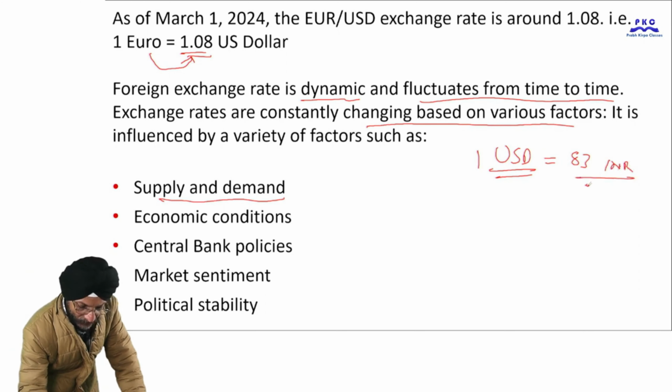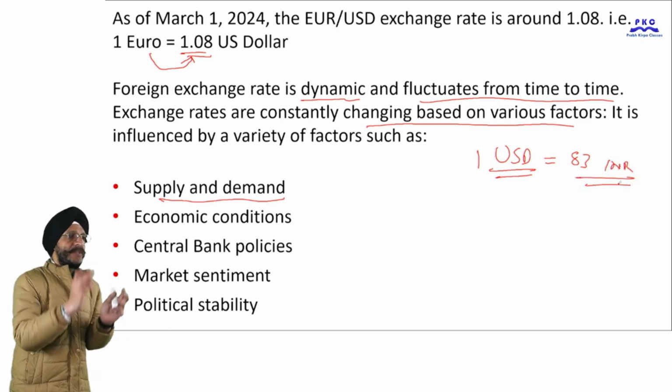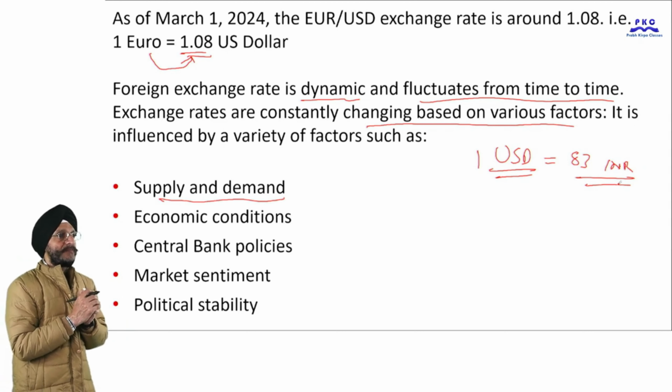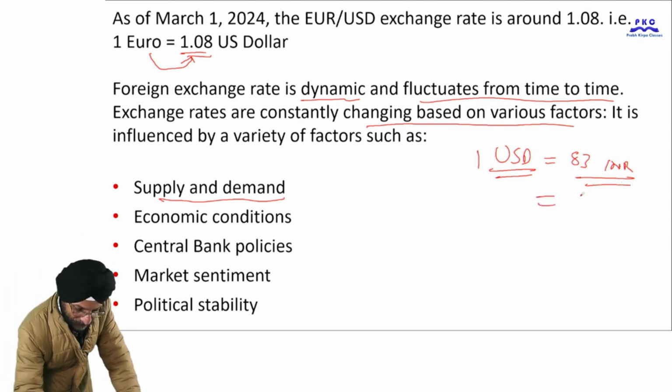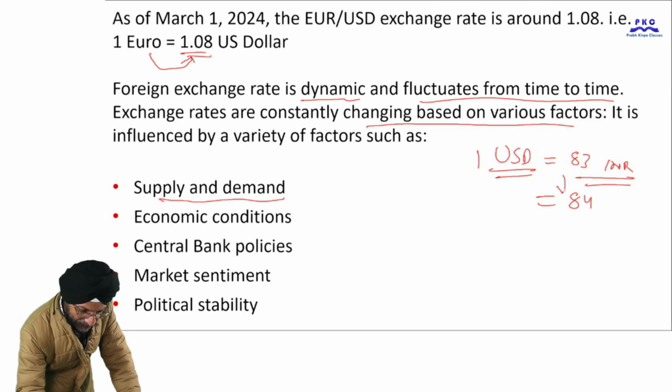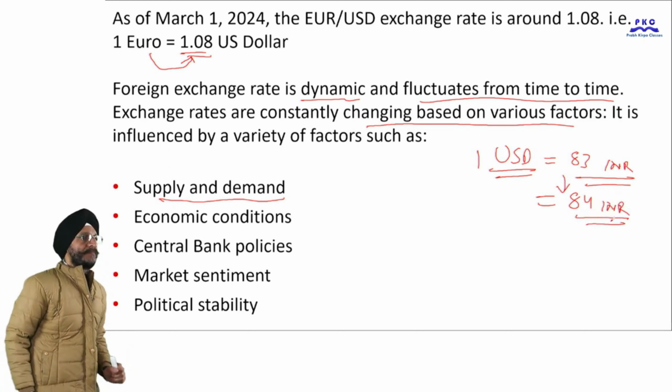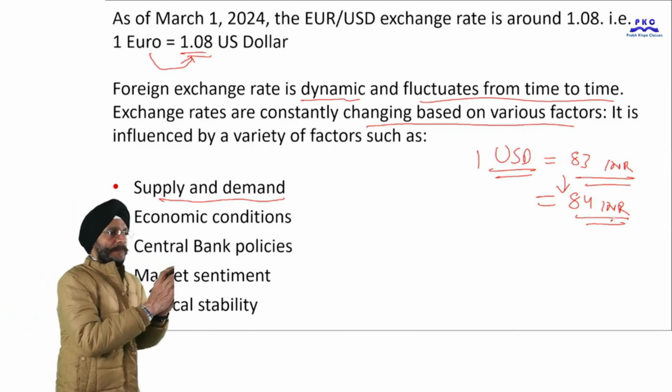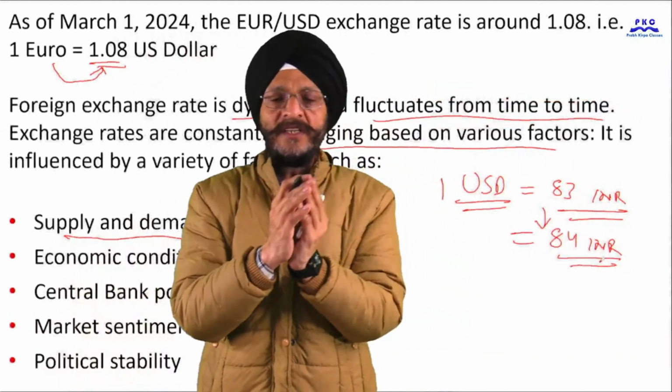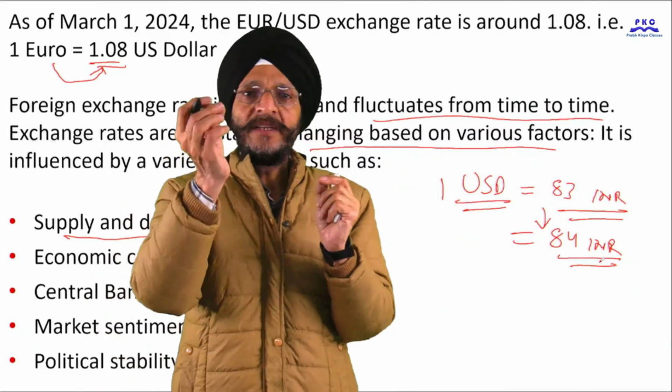We are just taking an example. If there is high demand, then it may be possible that its price may increase. That is, the exchange rate may increase. Or if the demand for US dollar decreases, it is quite possible that it may decrease.